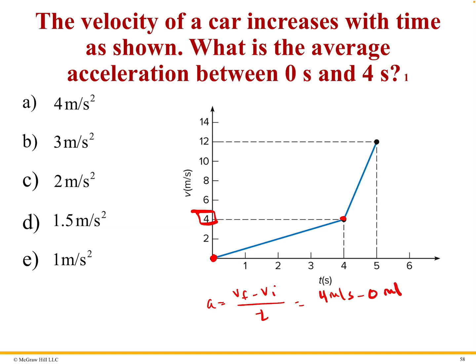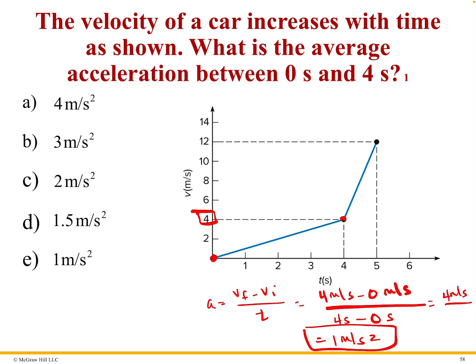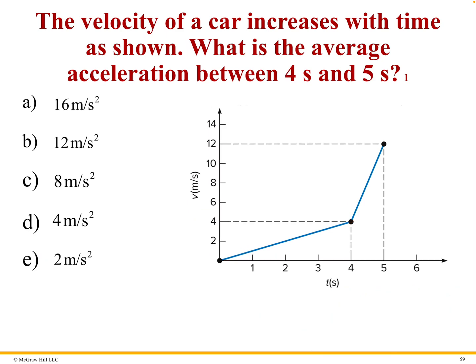What was our initial velocity? 0, over 4 seconds minus 0 seconds. So you have 4 meters per second over 4 seconds, which is 1 meter per second squared. So E would be your correct answer on that one.